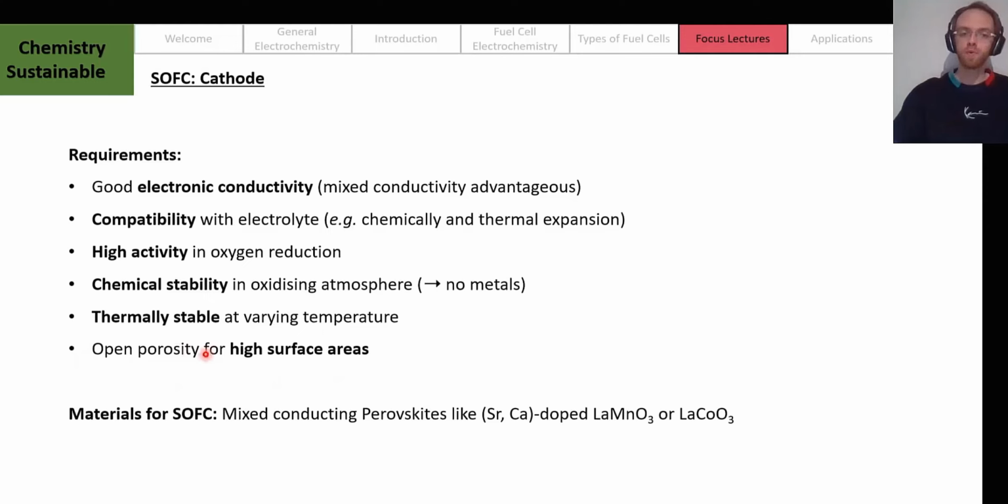So this open porosity and high surface area is typically to just offer more sites at the surface to react, and therefore we would have less activation losses. So typical materials for the solid oxide fuel cell are mixed conducting perovskites, like for example strontium or calcium doped lanthanum manganese oxide or lanthanum cobalt oxide.